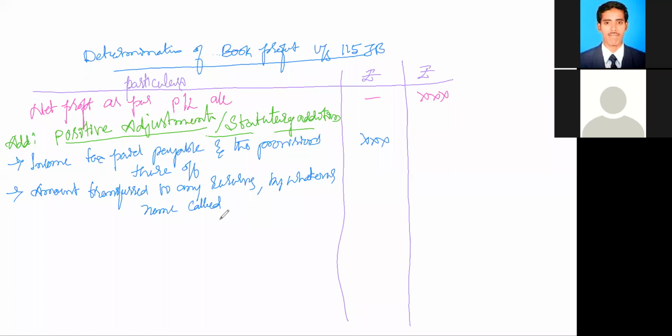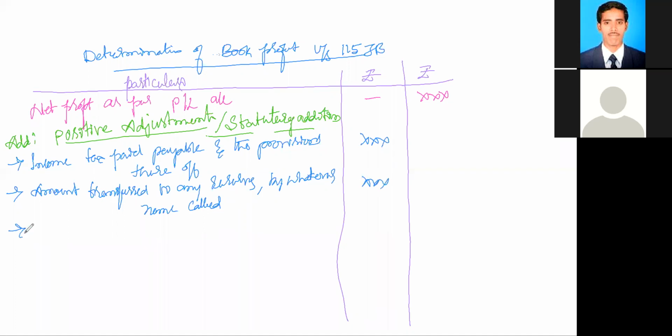That is the transfer of an amount to general reserves or any other reserves and surplus provisions. Any amount transferred to reserves, by whatever name called, we need to add.